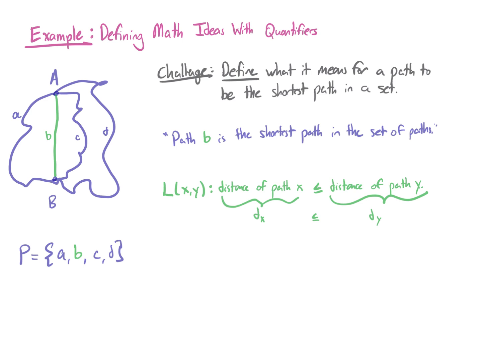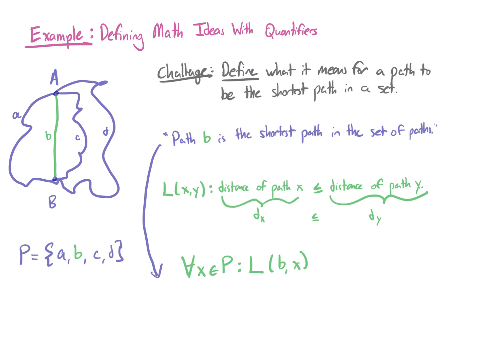To say that path B is the shortest path in the set of paths, that is equivalent to saying that if I look at all the other paths, for all possible paths in the set P, it is the case that B has a distance that is no longer than that path I'm comparing to.